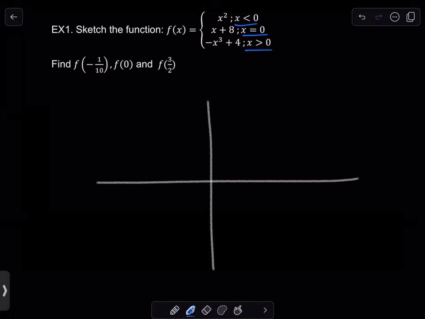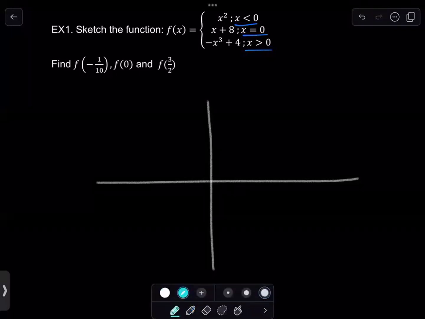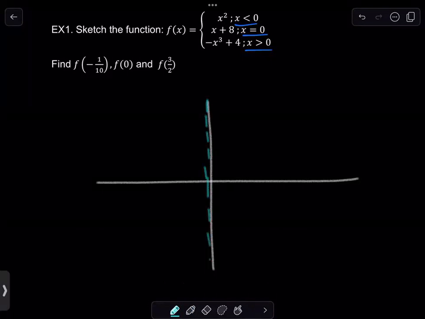I can see from the different portions of the piecewise function that we clearly have a break at x is equal to 0. So let's make a dotted line at x is equal to 0 to see that we have a break there. Okay, so that's x is equal to 0.